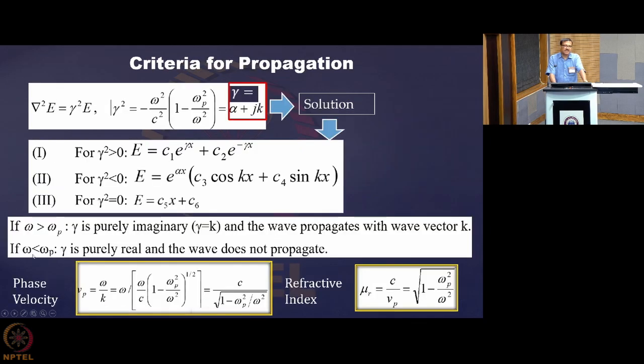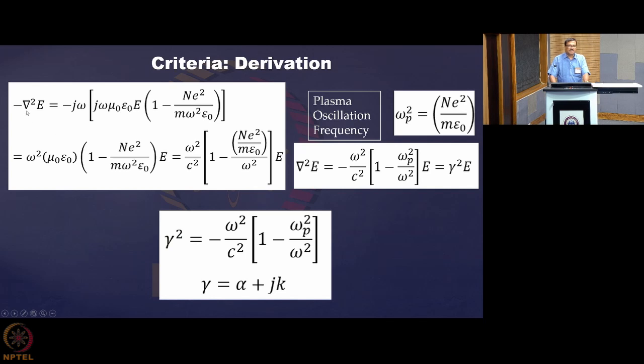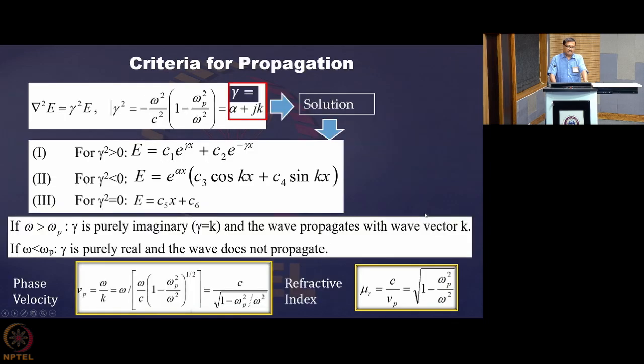So what we get here is the solution as del square E is equal to gamma square into E. We come back to the previous one: this was del square E, and del square E is equal to gamma square E. This is the quantity that we got. Now we are trying to understand the solution of this equation, and that will depend on the behavior of gamma. The general solution is gamma equal to alpha plus jk.